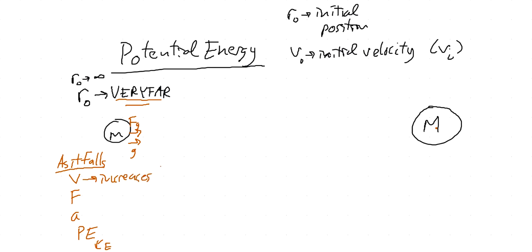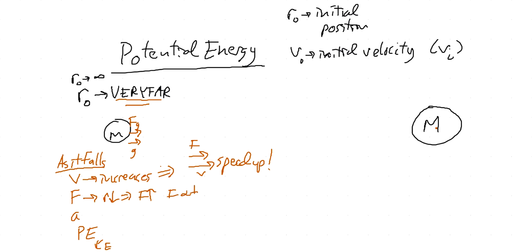Here's why. Because the velocity is to the right, and of course the force is to the right. And we know if those align, then that's speed up. Great. Force does what? Well, because R is decreasing, force is increasing because force goes as 1 over R squared.